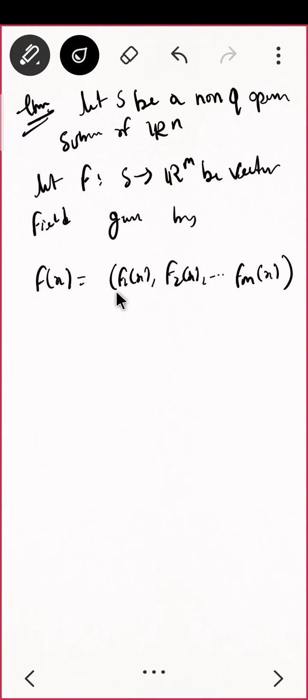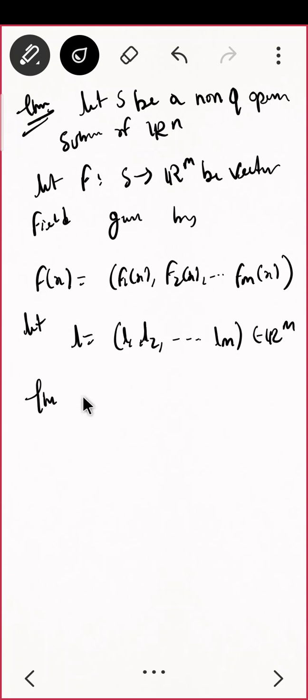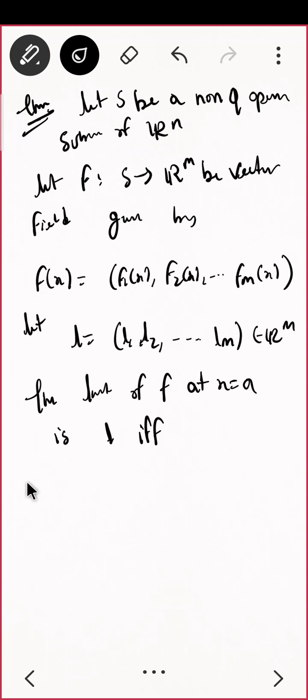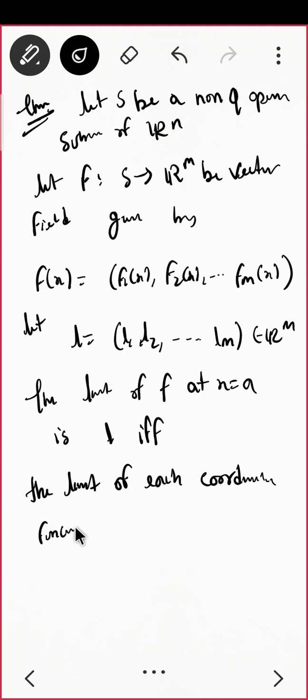Okay, you are having m coordinates here. Let L is equal to L1, L2 and Lm belongs to Rm. Correct? Now the limit of f at x is equal to a is L if and only if the limit of each coordinate, that is coordinate function fi.